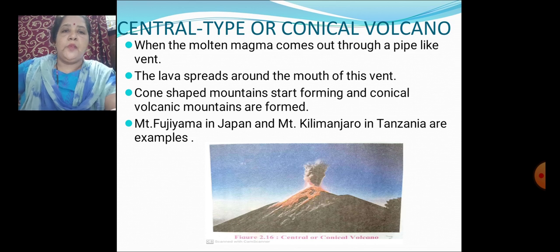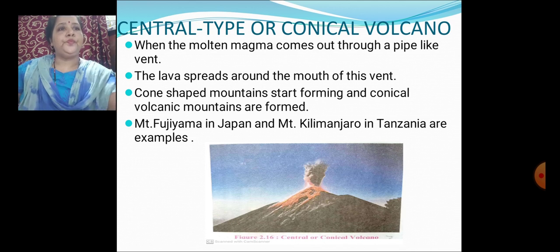Examples of such mountains are Mount Fujiyama in Japan and Mount Kilimanjaro in Tanzania. These are two examples of central type or conical volcanoes.